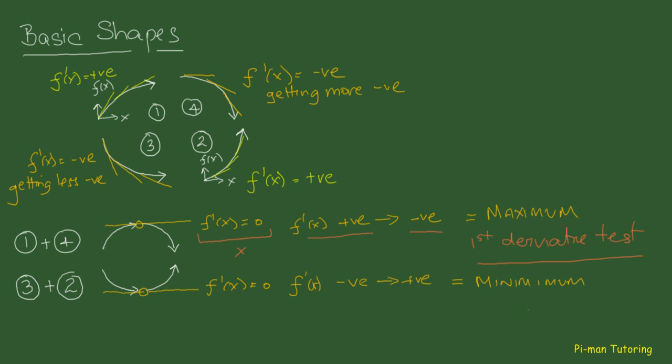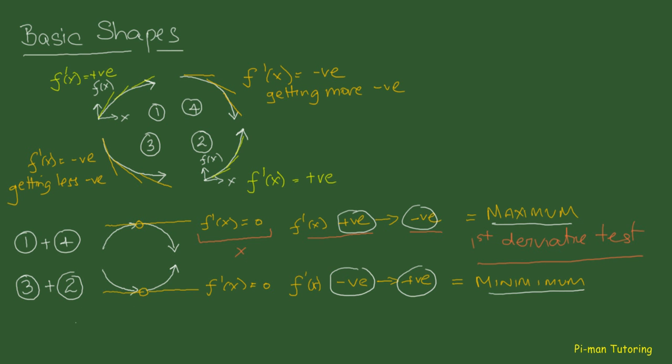And again, this is the first derivative test. Depending on how the sign changes, if it goes from positive to negative, it's a maximum, and if it goes negative to positive, it's a minimum.